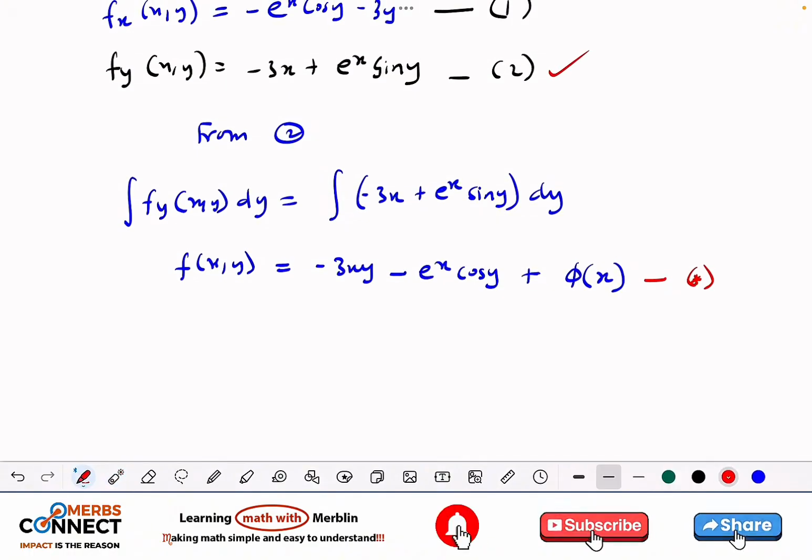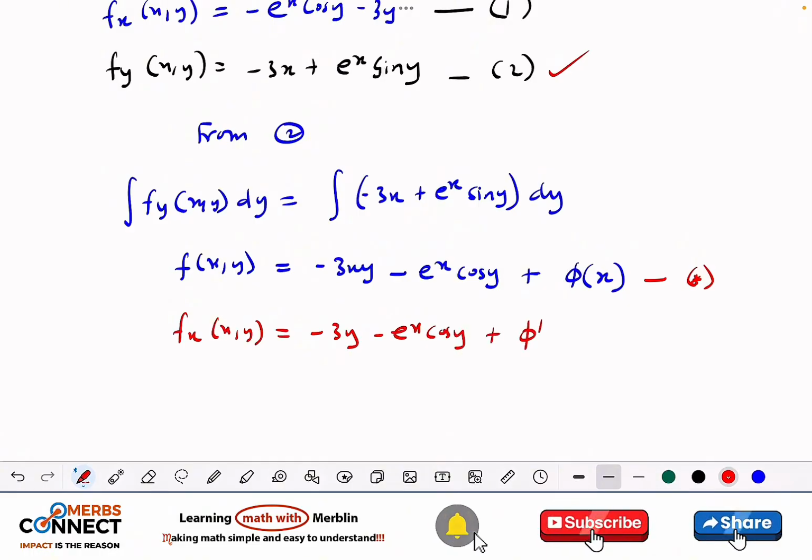This is going to give us f_x of xy equal to, now differentiating with respect to x, minus 3y minus e^x cos y plus g prime of x. So what did I do? Differentiate this with respect to x, it will be this. When I differentiate this, I get the same thing.